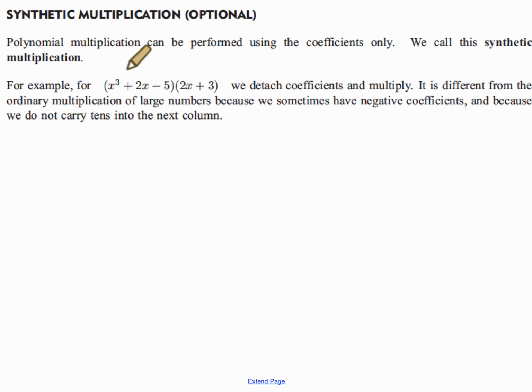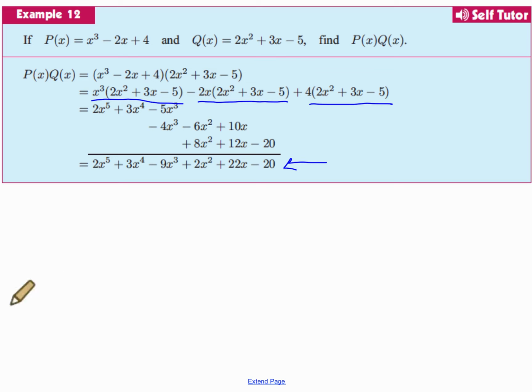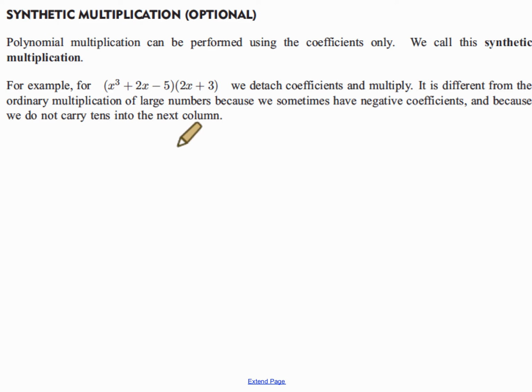Synthetic multiplication. So let's say we had x cubed plus 2x minus 5 times 2x plus 3. Now we could take, just like before, every single term times every term in the other polynomial, but we can recreate that using synthetic multiplication. And here's how that is done.